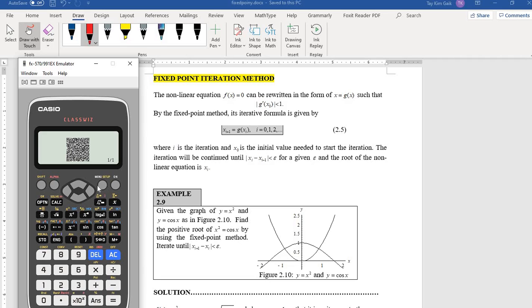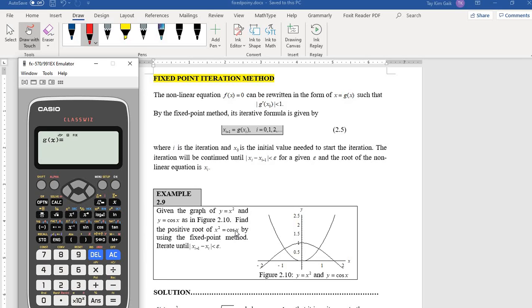So you can actually go to Menu 9, Table. First of all, I'll show you how to get x squared = cos x, where we break it into two graphs. The first function is f(x) = x squared, so alpha x squared.